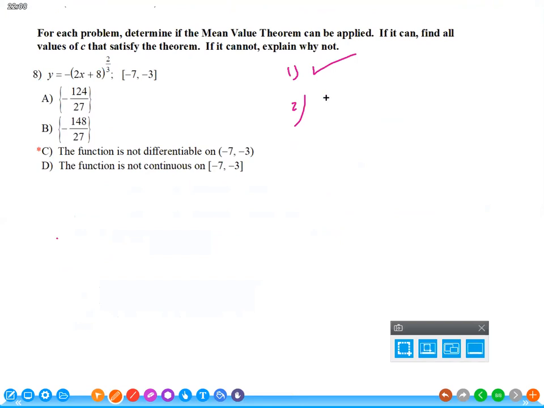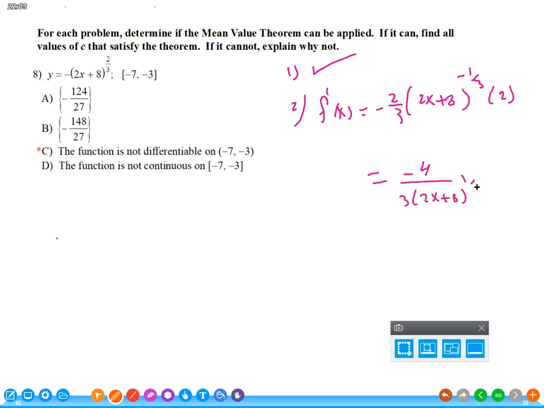Two, find the derivative. The derivative is minus, we need to apply the chain rule, 2x plus 8 power 2 over 3 minus 1, that is power minus 1 over 3, times the derivative of the inside. Simplify: minus 4 over 3, 2x plus 8 power 1 over 3. What is the domain here?